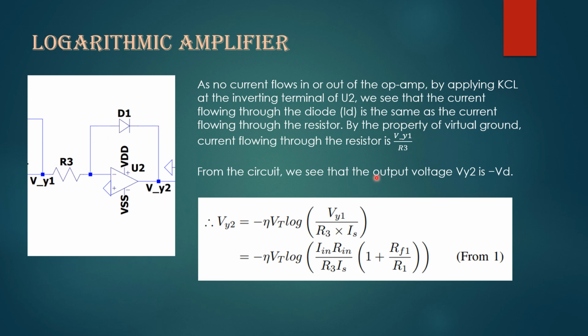Substituting the value of Id in the previous equation of Vd, we have eta Vt into log of Vy1 by R3 into Is. But the voltage here is minus Vd, since Vy2 is attached to the negative terminal of the diode. So it is minus eta Vt into log of Vy1 by R3 into Is.